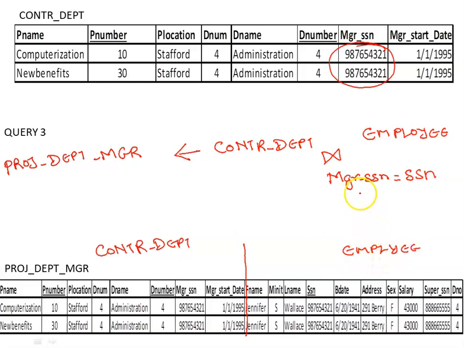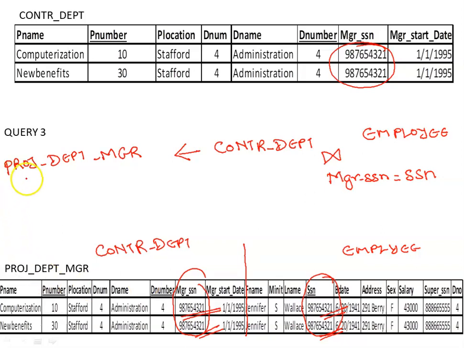The join attribute was manager SSN and SSN. So you look at this attribute and you look at this attribute SSN. So here there is a match, here also there is a match, here there is a match, and here also there is a match.